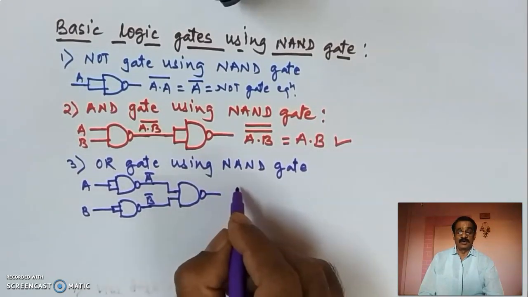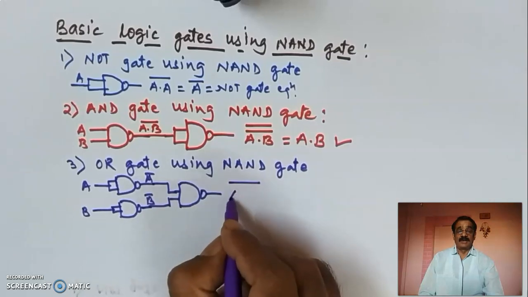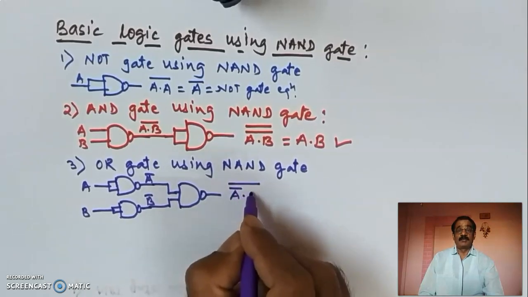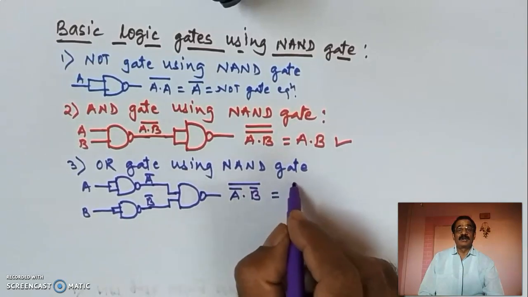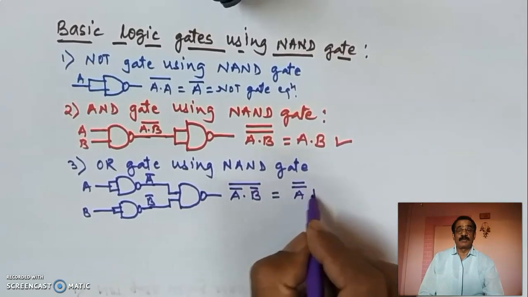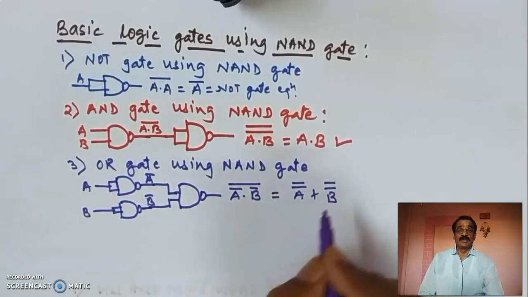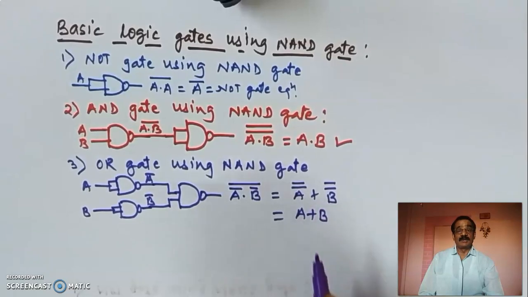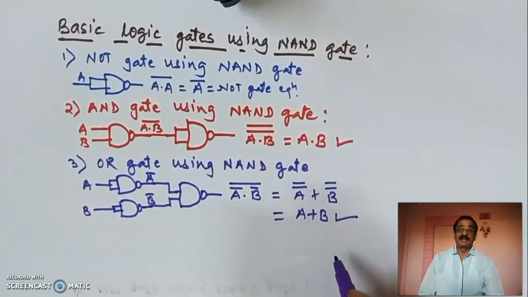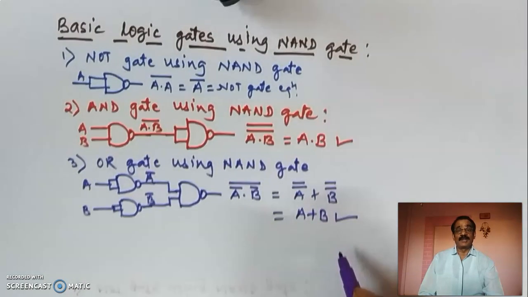Therefore, we get the output complement of A complement into B complement. Then, according to De Morgan's second theorem, complement of product is equal to sum of complements, so we get double complement of A plus double complement of B. Double complement gets cancelled and we get the output A plus B, which is the Boolean equation of the OR gate.